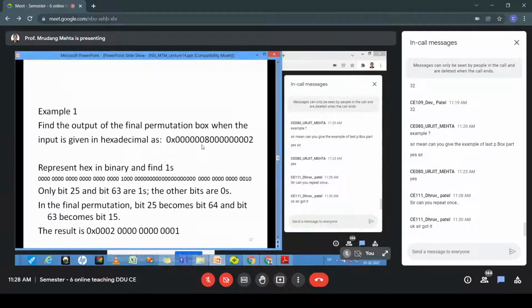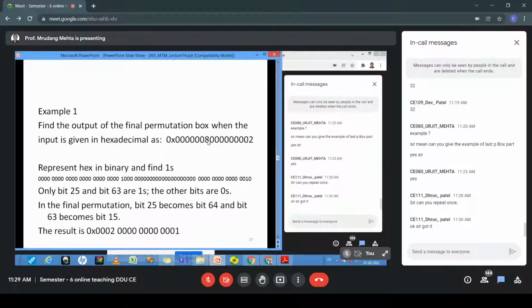So I have shown you here that this hex value is represented in binary of 64 bits. You can see the first 6 hex digits are 0, that is 6 4-bit groups, 6 into 4, 24 bits. Now the seventh 4-bit group has value 8.